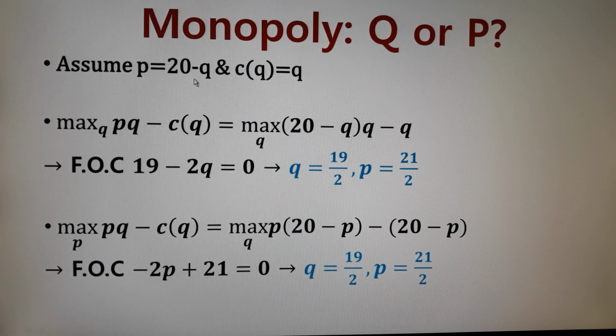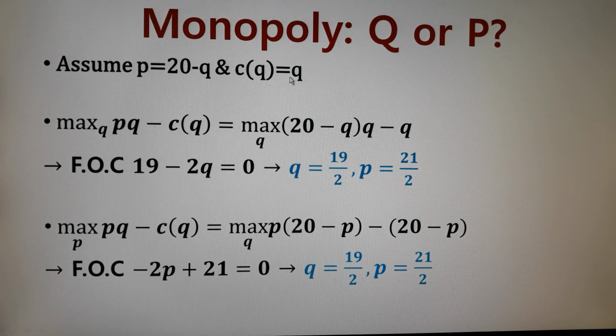We can have a vague abstract demand curve and abstract cost curve, but for simplicity of calculation, I'm going to give you this simple 20 minus Q demand curve and Q as the cost. Do you remember the marginal cost? It is how much the cost increases if you increase the quantity by one more.